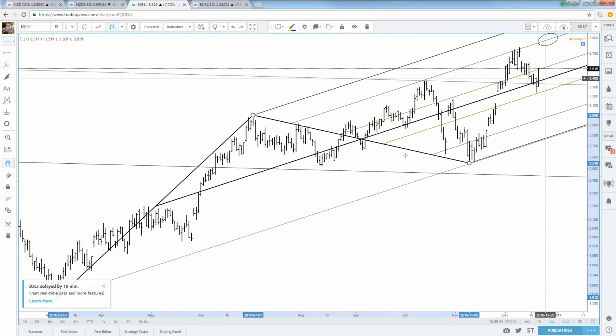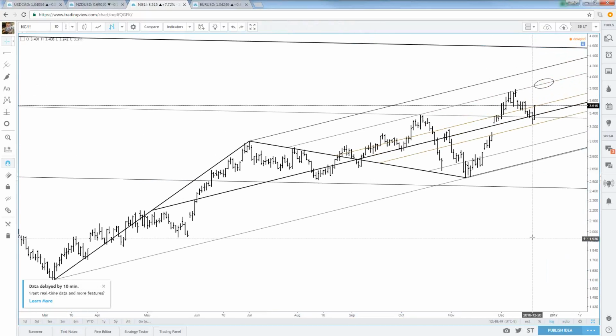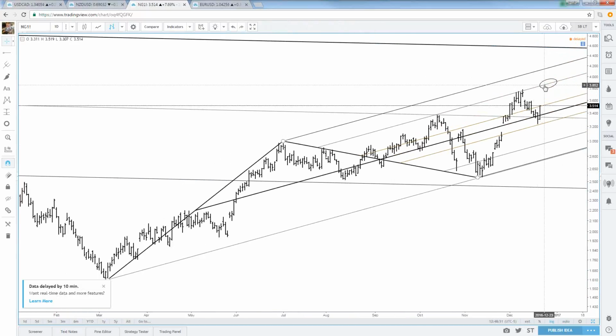Yeah. Okay. So off here. So with nat gas, I like it higher still. I like it until at least a new high, which is 385. You can see that parallel extends off of the October high as well as the highs from earlier this month. Okay.